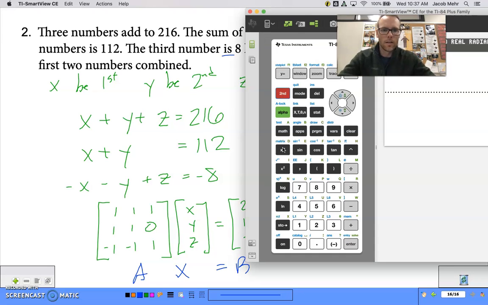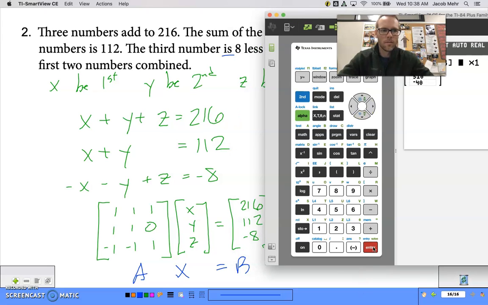Okay, so second matrix, edit matrix A, still a 3 by 3. There we go. Let's go in and let's edit matrix B. 3 by 1. Our numbers are 216.